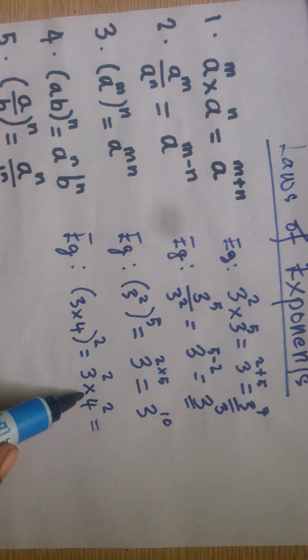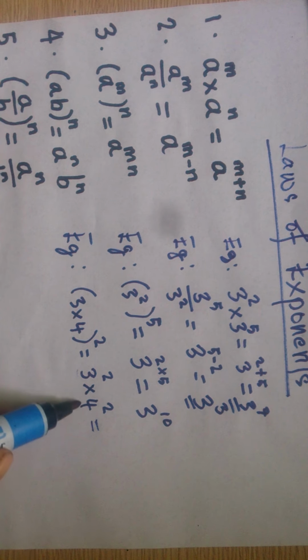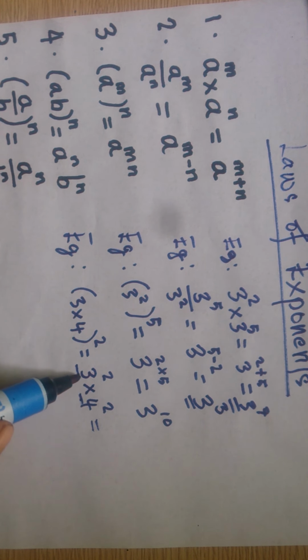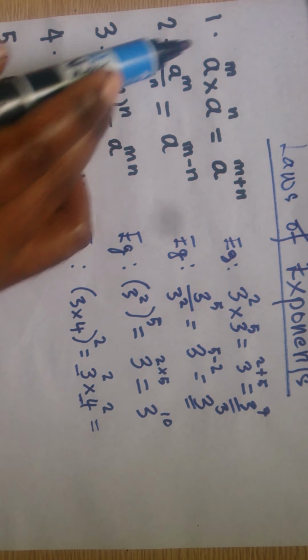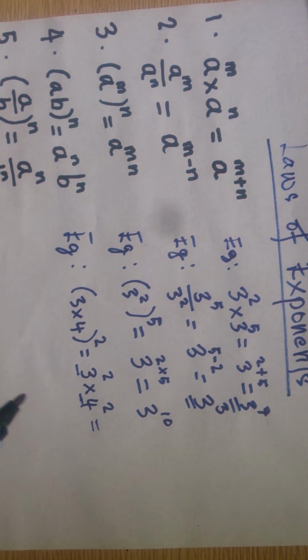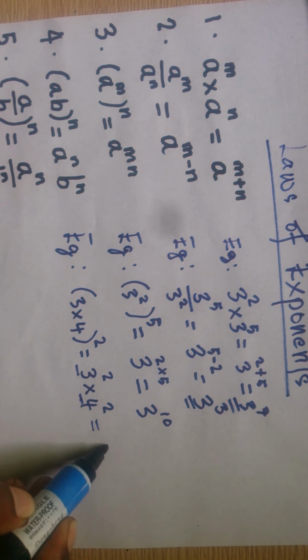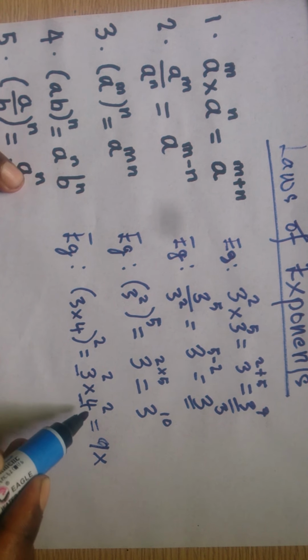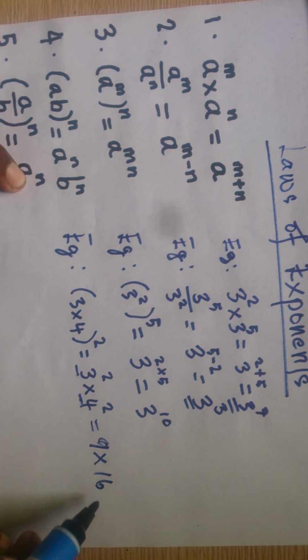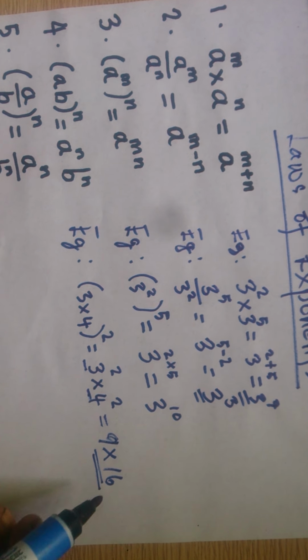So in this case, the powers might look alike, but the numbers are different. It's 3 and this is 4. If it is 3 and 3 or 4 and 4, we will apply law number 1. But since it's different, we can solve that separately. For instance, 3 times 3 is 9, times 4 times 4 is 16. And then we take our answer. So this is how we solve.